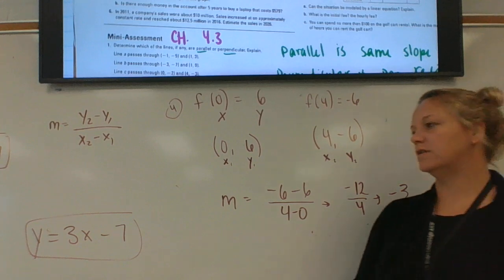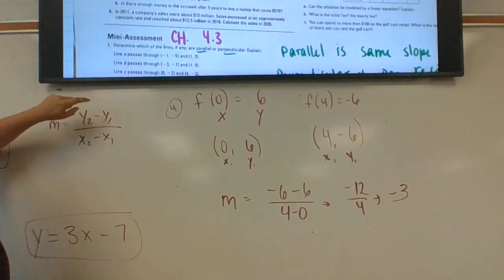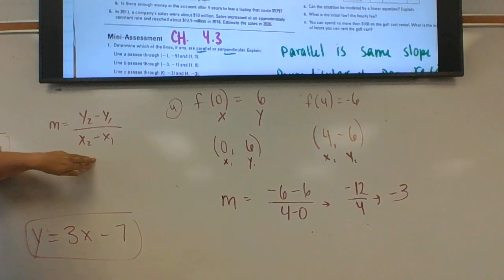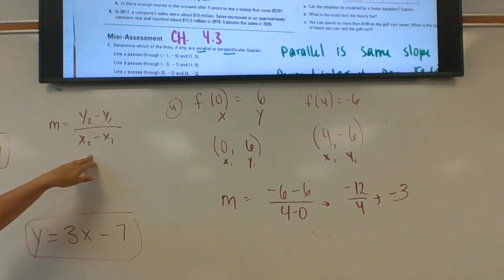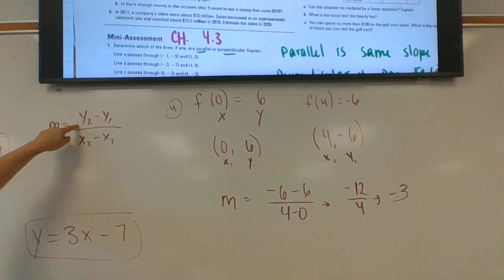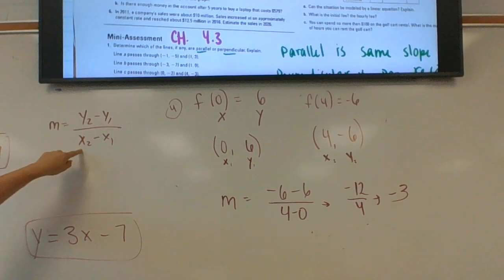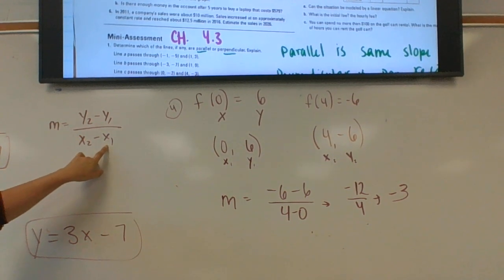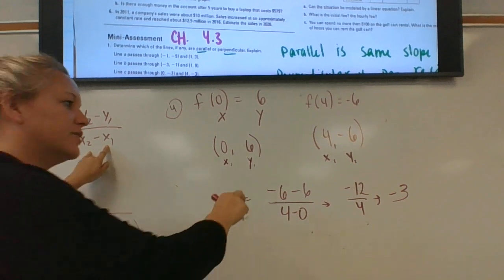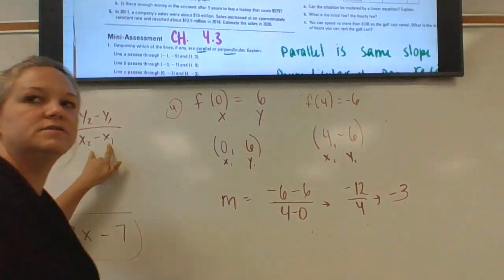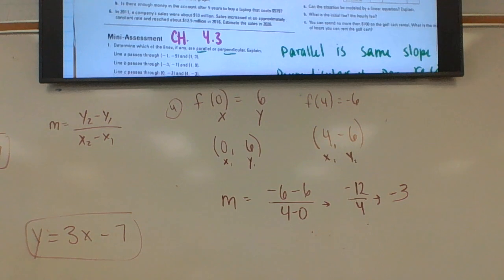Okay, well, you know it's y2 minus y1 over x2 minus x1. I've seen you do slope formula so many times. You know how to do it. And you plug in from these ordered pairs.